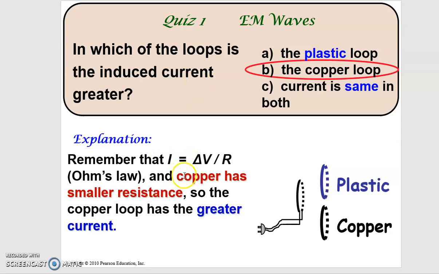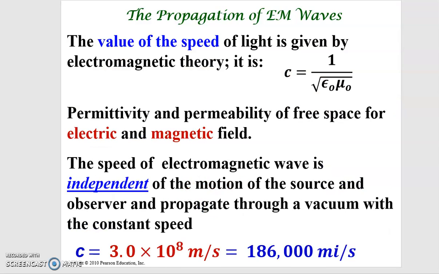The induced current is determined by the induced EMF divided by the resistance. We know that copper is a conductor, so its resistance is small. The plastic is an insulator, so its resistance is comparatively high. Therefore, the induced current will be greater for the copper, even though the induced EMF is the same for both of them.